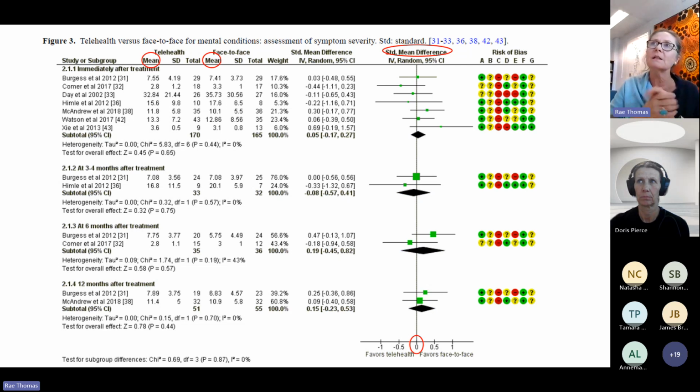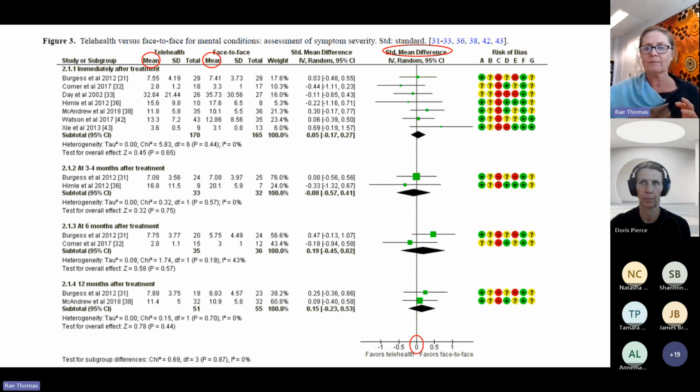Immediately after treatment, Burgess's mean here is 7.55. Right? So we're talking about means. And their mean face-to-face immediately after treatment was 7.41. Right? We're talking about means.